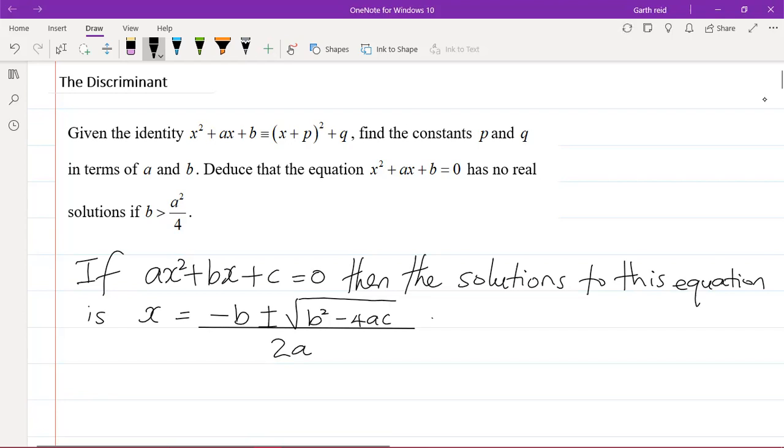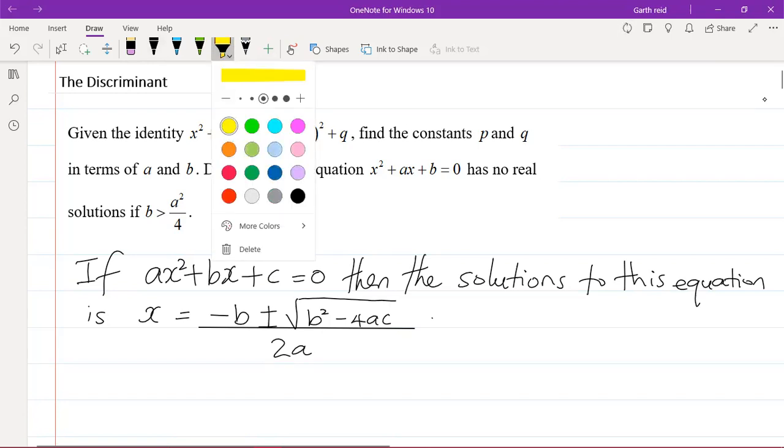You should remember that, which is the quadratic formula.